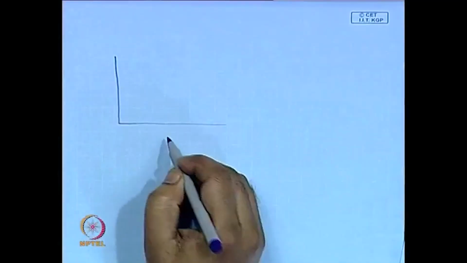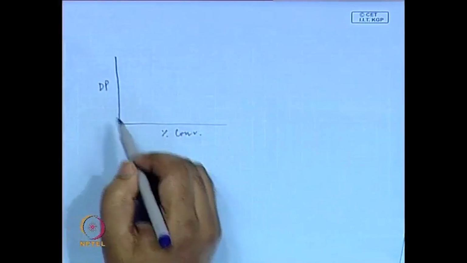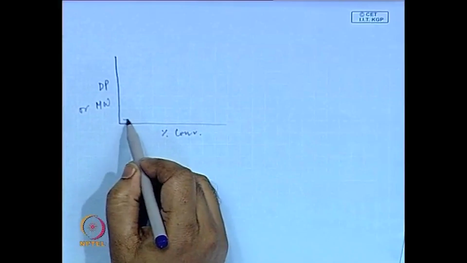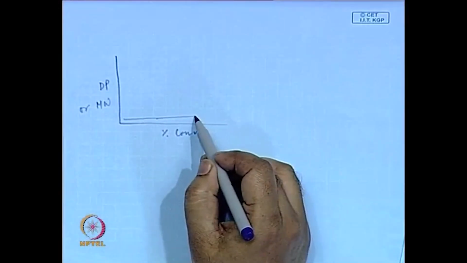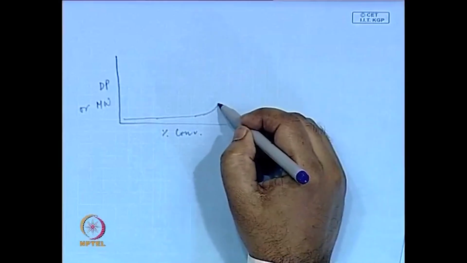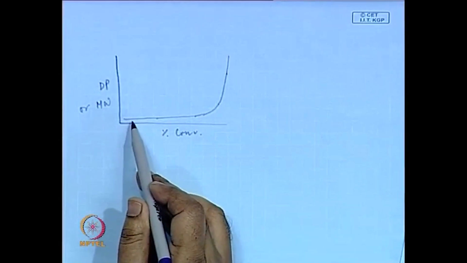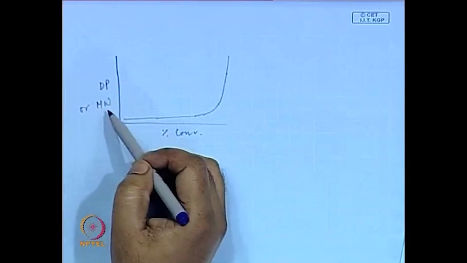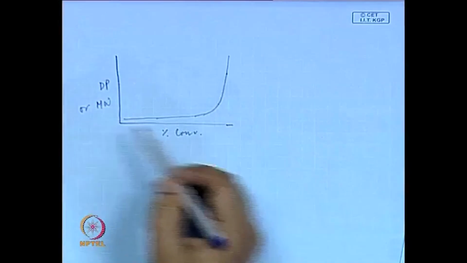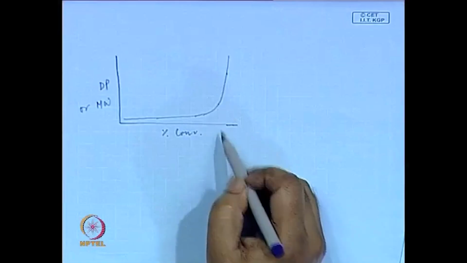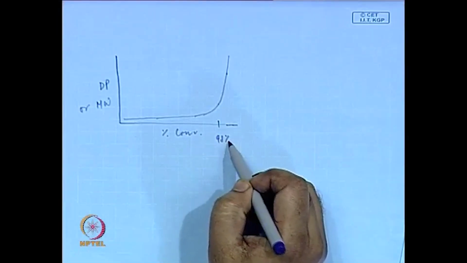So, you can now understand that if I plot percentage conversion with dP, degree of polymerization, or say molecular weight, in case of step growth polymerization, it will only start from a low value. At very low conversion, high molecular weight polymer chains will not be obtained; they will be achieved only at very high conversion, close to 98% and above.